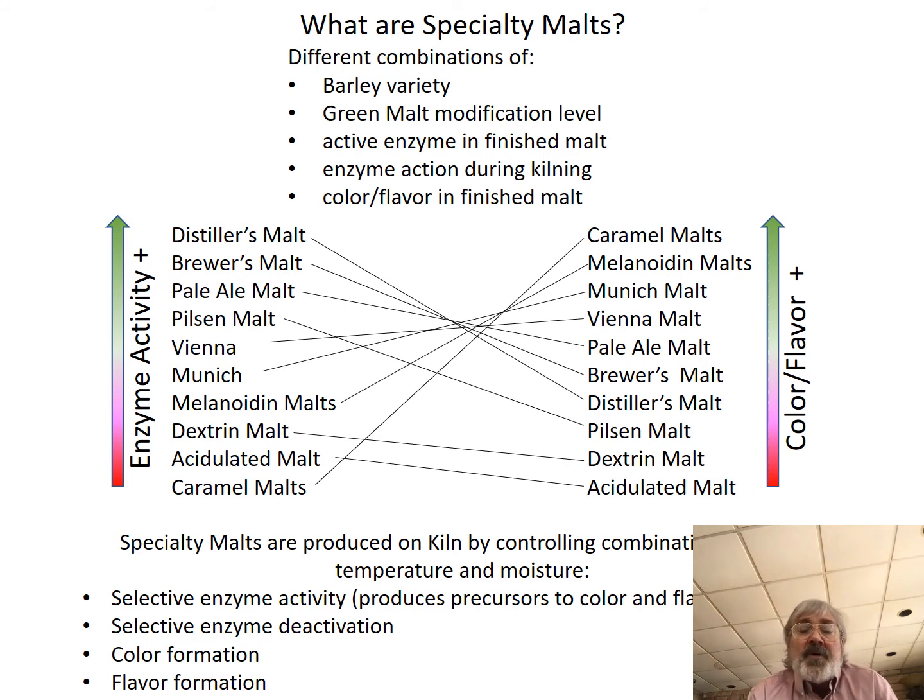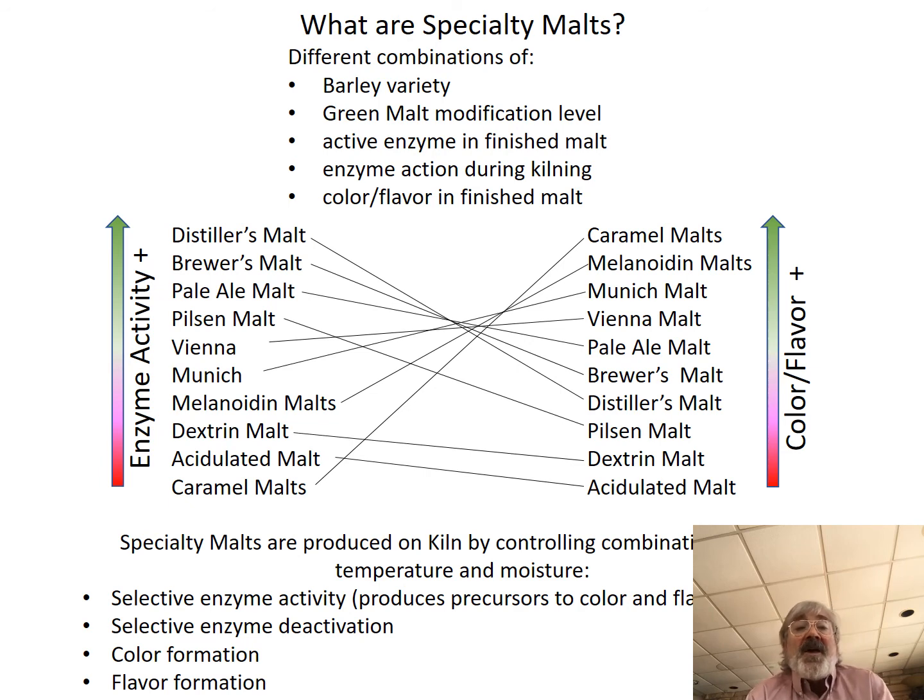They all require something unique, and for me, a specialty malt is just a specific combination of barley variety, malt modification level in germination, how much active enzyme is left over in the completed malt, how much enzyme action is going on during kilning, because enzyme action during kilning creates the precursors for the color formation, and then the color and flavor in the finished malt.